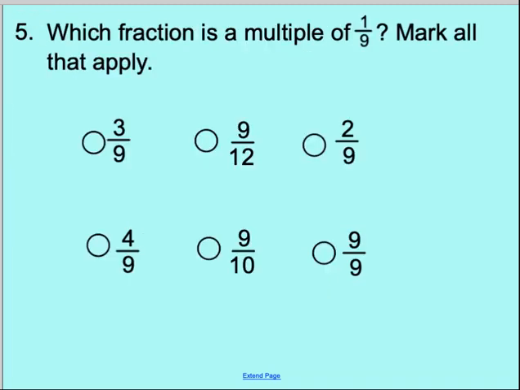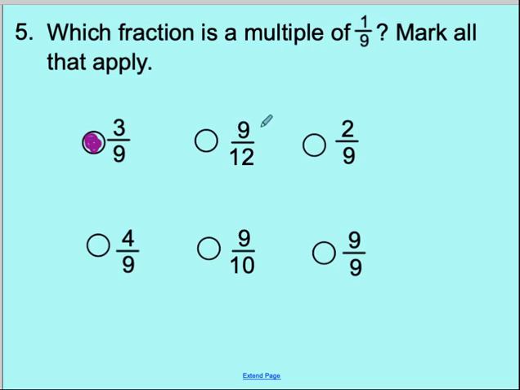All right, number 5. Which fraction is a multiple of 1/9? Mark all that apply. All right, we're super lucky on this one because all we have to do is basically say yes or no. If you count by 1/9, will you say this number? So 1/9, 2/9, 3/9, 4/9, 5/9, 6/9, so on and so on. So here's 3/9. That's a yes.